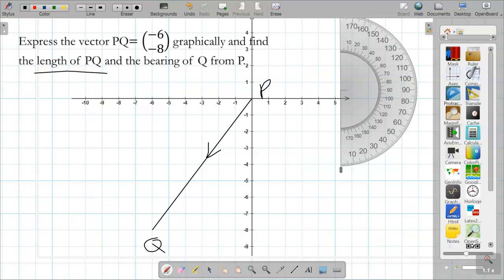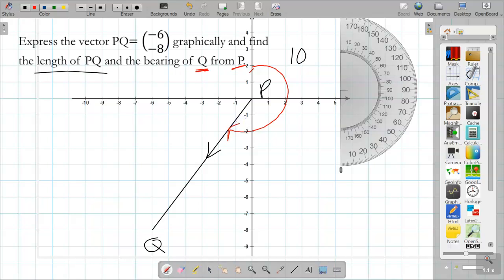Now we have to measure the length PQ. Of course, since we have -6 and -8, it's obvious that the distance is going to remain 10 centimeters, because it's the same thing we did for the previous one. But to find the angle, we need the angle from the north pole. The question says we should find the bearing of Q from P. So from the north pole of P, we come right up to the line that links the 2 points.